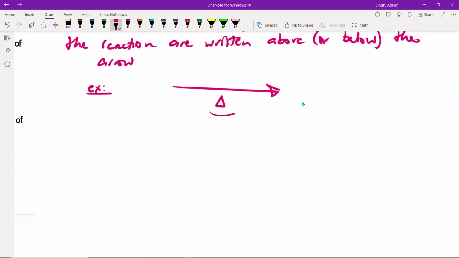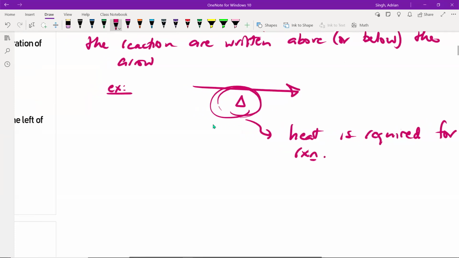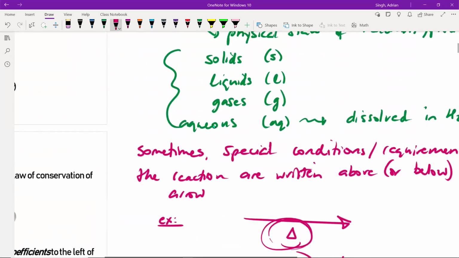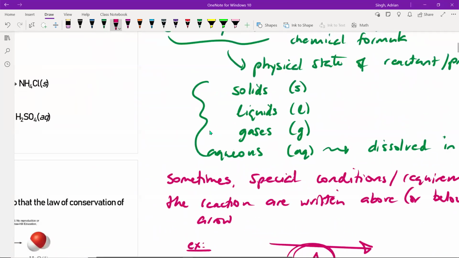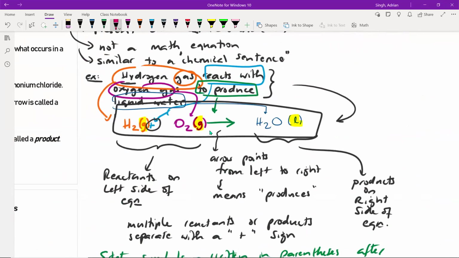Whenever you see this triangle in a chemical equation, what this means is that heat is needed, required for the reaction. We're going to come across several of these down the road. If you go into higher levels of chemistry, you'll see other conditions written above and below the arrow. That is generally how those conditions are shown in a chemical equation. All right, so we have our basic layout of our equation. Reactants on the left side of the arrow react together to produce the products on the right side of the arrow.